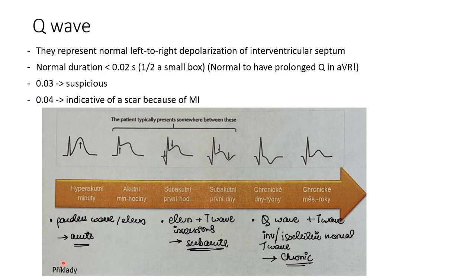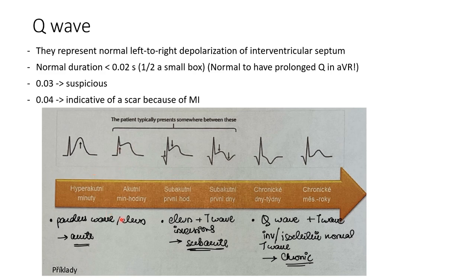So this is how the ECG findings progress in an MI. When it's hyperacute, you'll see the Pardee's wave and elevation, and there's no Q wave over here, when this is just within minutes. Then within minutes to hours, you see the Pardee's wave appearance, where it's sort of parallel-ish to the isoelectric line.